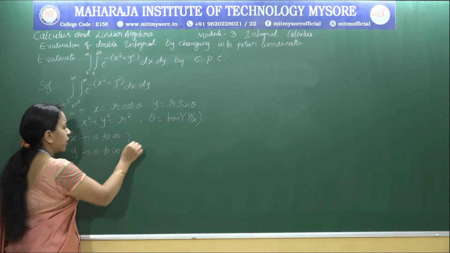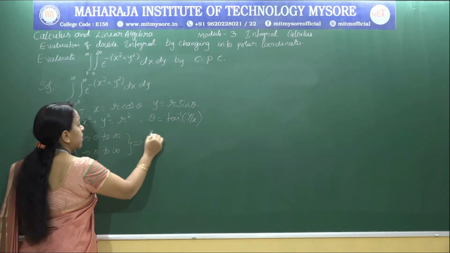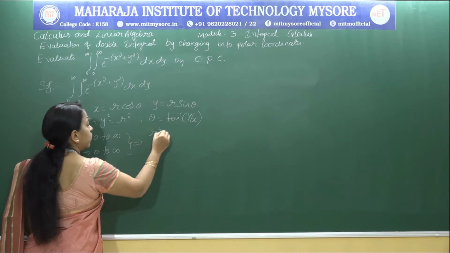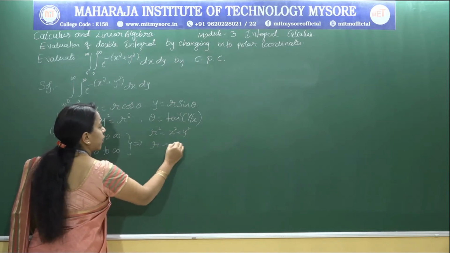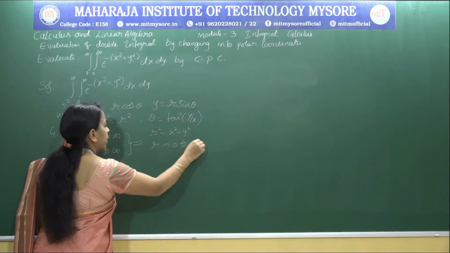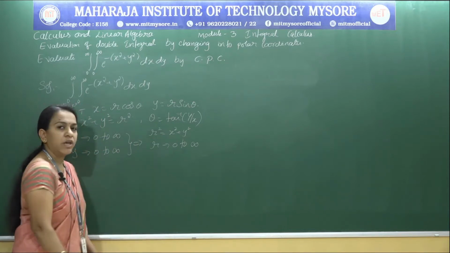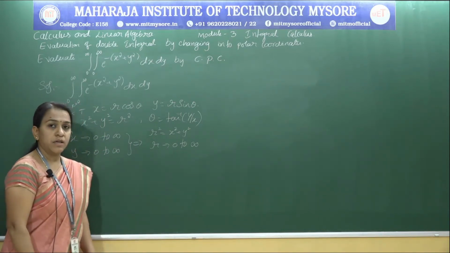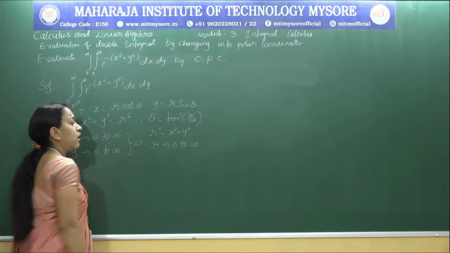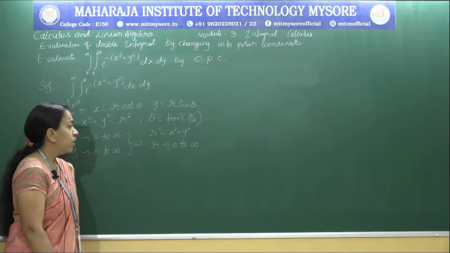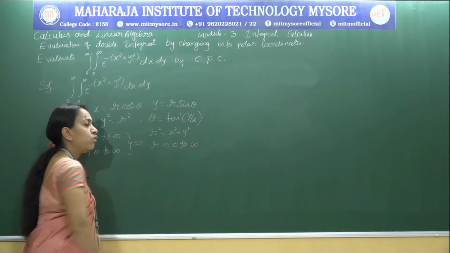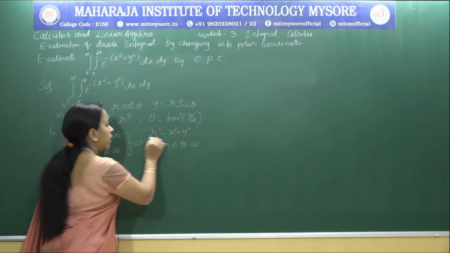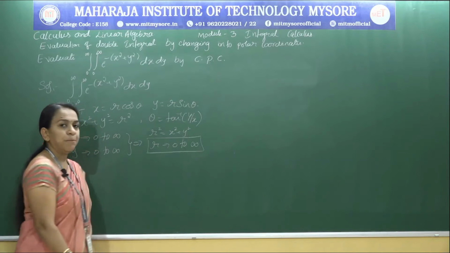If I represent these two together in r square equals x square plus y square, that gives r varies from 0 to infinity. If I put x equal to 0 and y equal to 0, r is 0. If I replace x and y by infinity, we have r equal to infinity. Therefore, r varies from 0 to infinity.